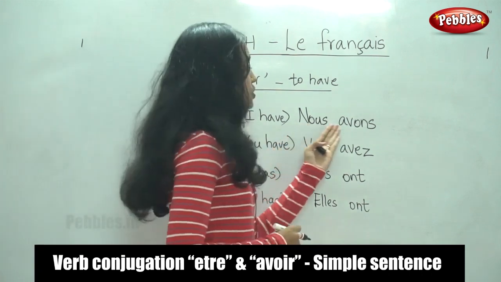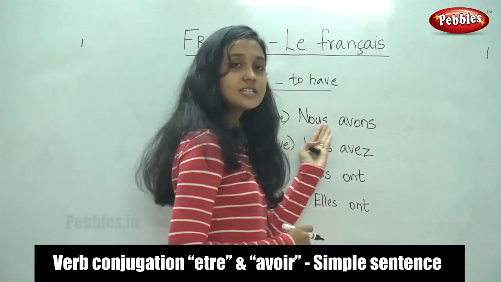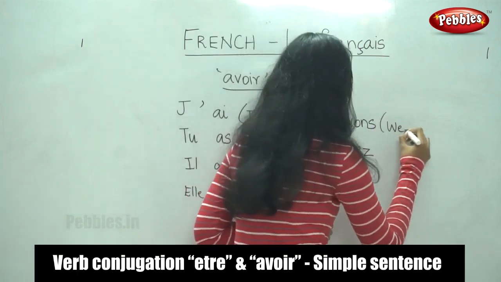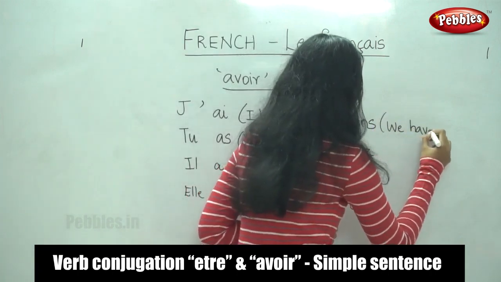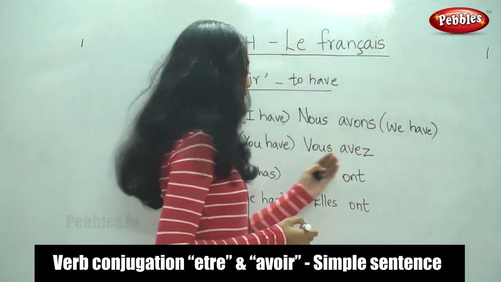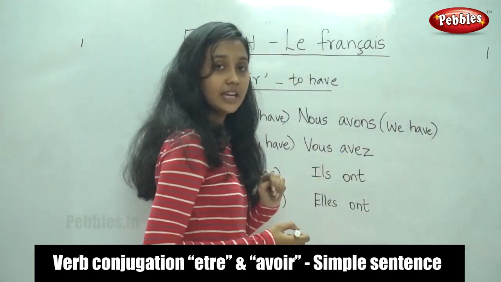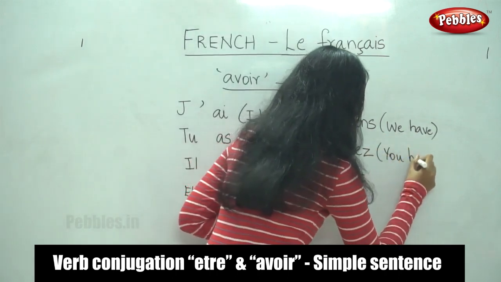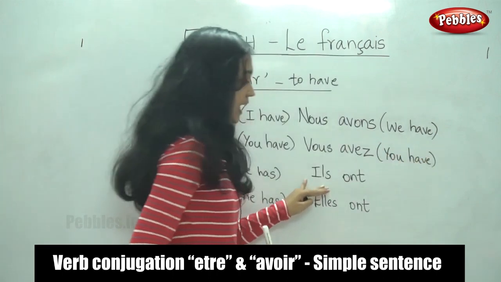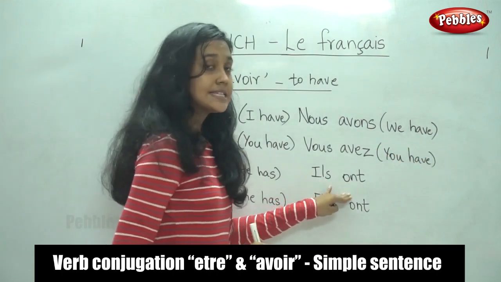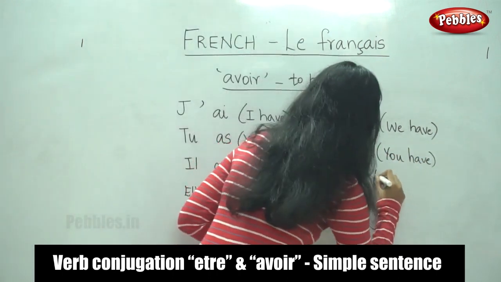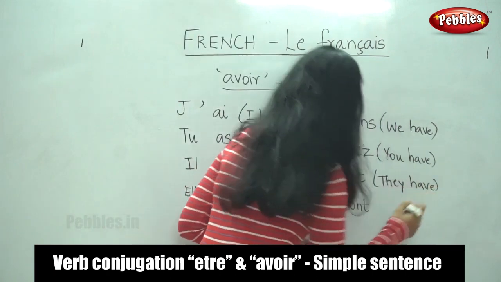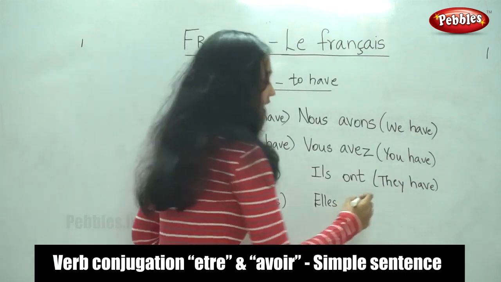Now, nous avons. You must have guessed. What does nous avons mean? It means we have. Vous avez. It means you have. Ils ont means they have. And elles ont means they have.